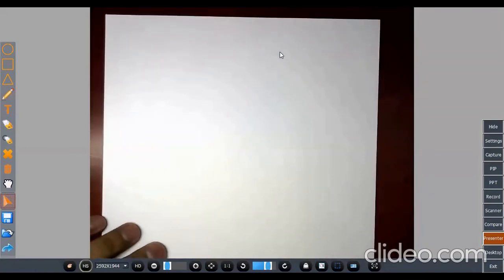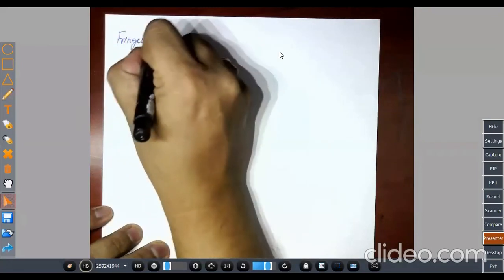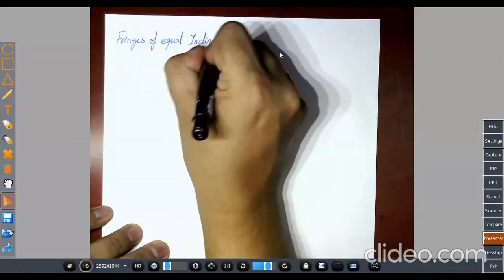Now we will define fringes of equal inclination.